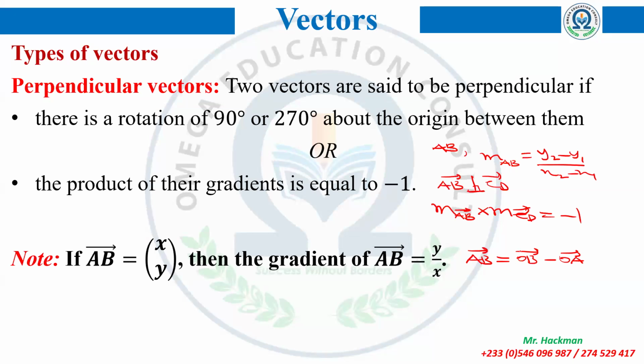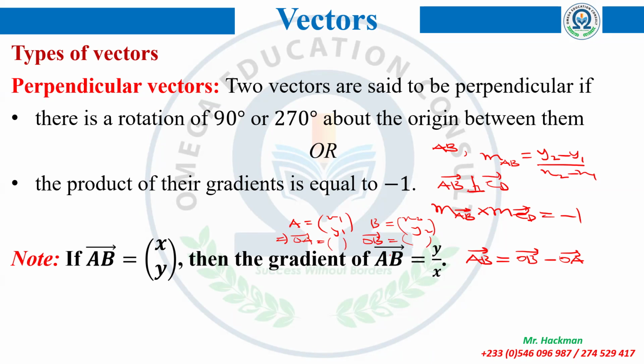Assuming my point A is (x sub 1, y sub 1) and my point B is (x sub 2, y sub 2), this implies that my OA will be equal to this, and my OB will be equal to this as well.